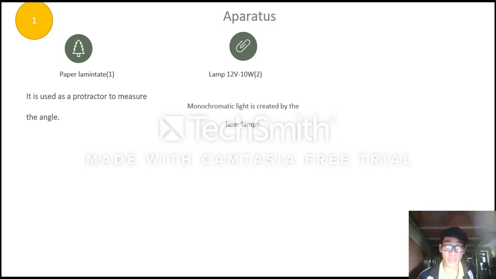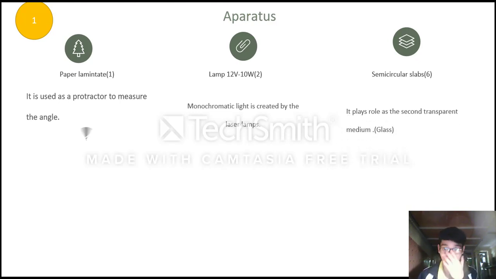Monochromatic light is produced by the laser lamp, which means the lamp is the light source. Semicircular slab: the semicircular plate plays the role of the second, transparent medium. In this case, it is like glass.